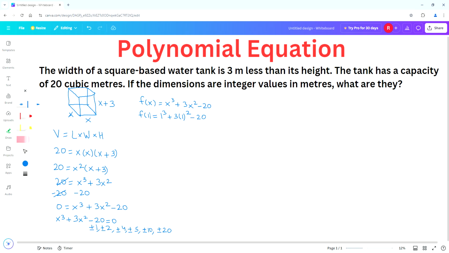The value of this expression is not equal to 0. Now we can try the x value, -1. The value of this expression is also not equal to 0.